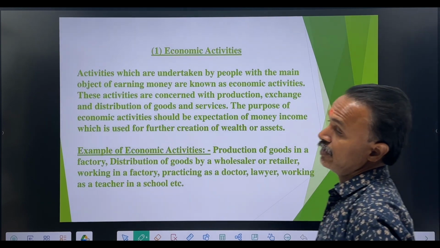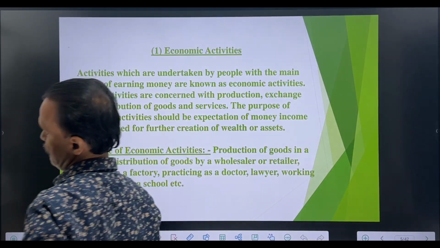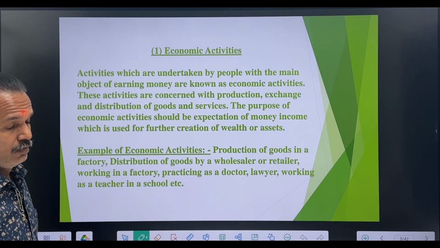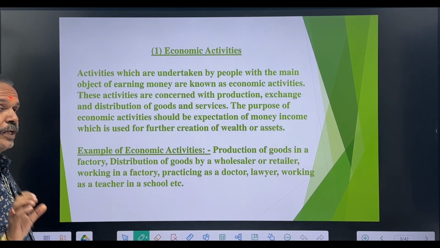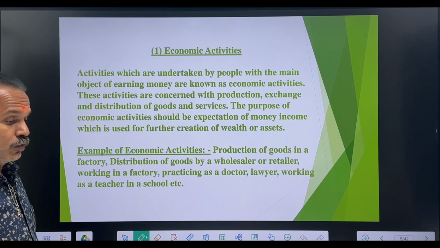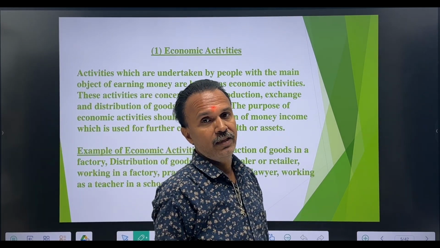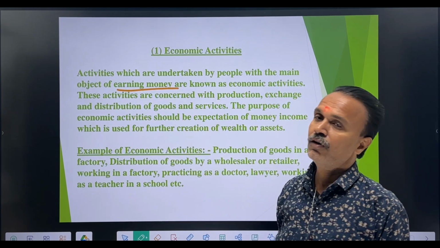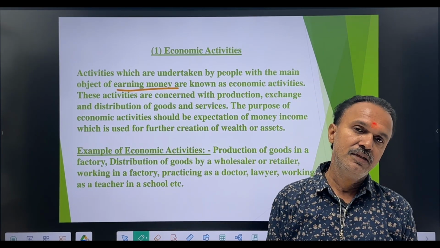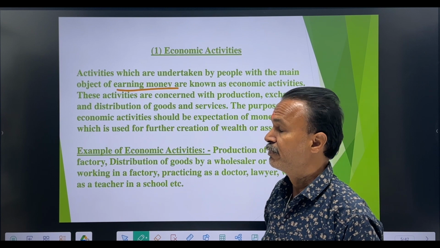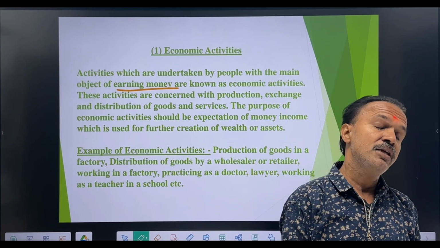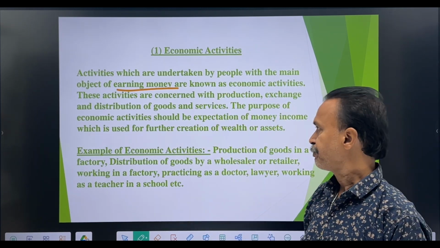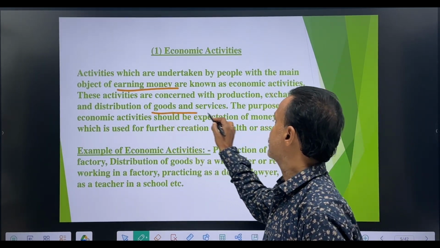First, economic activities. Economic activities means the activities which are undertaken by the people with the main object of earning money. These activities are concerned with production, distribution and exchange of goods and services.